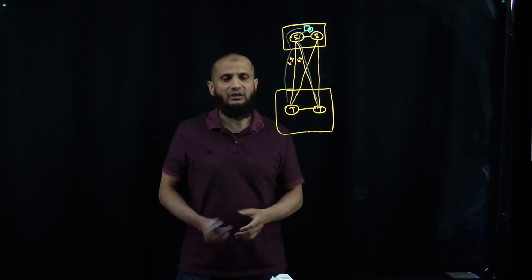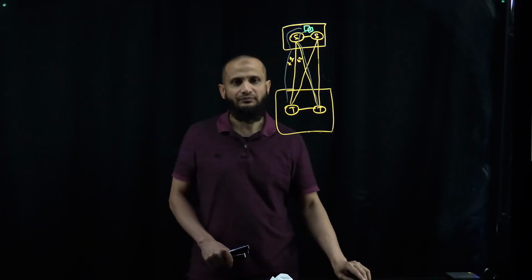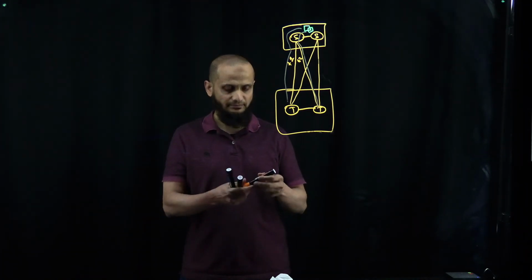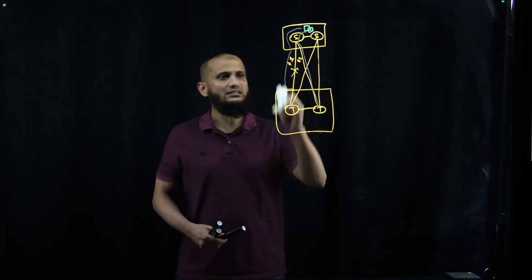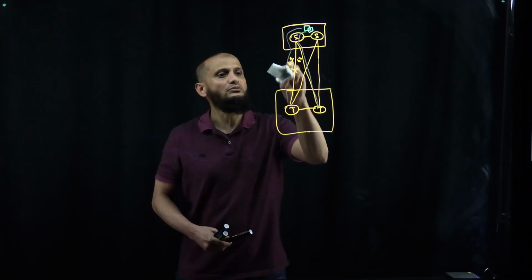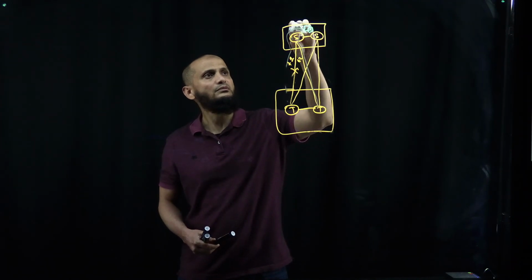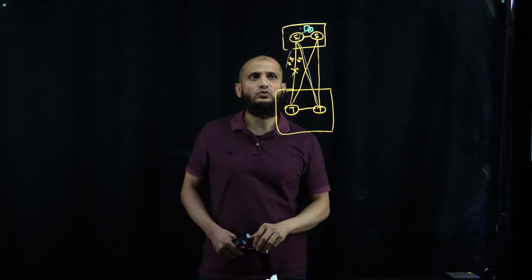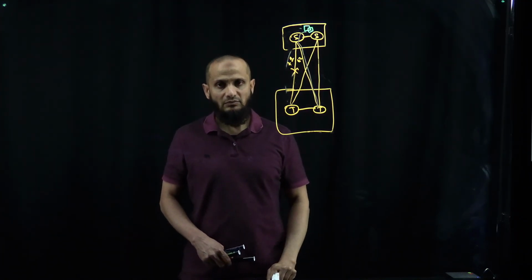What is going to happen when we lose one of these tunnels, right? So for example, if I lose this tunnel completely, then obviously this path is going to go away, but the other path is still available, right?